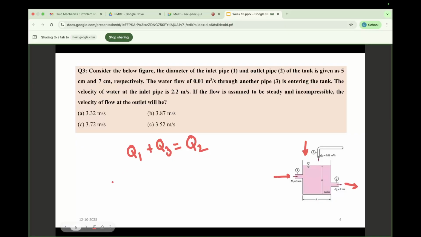So what is Q? I know that it's water, so in place of Q I can write A1 V1. Just a minute.